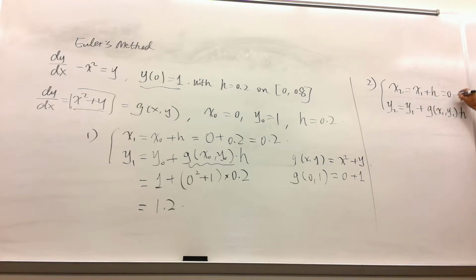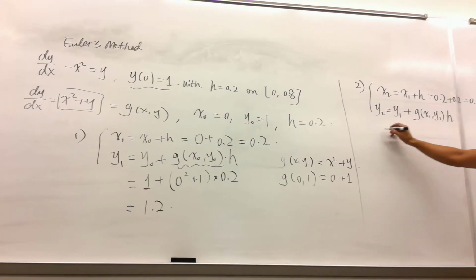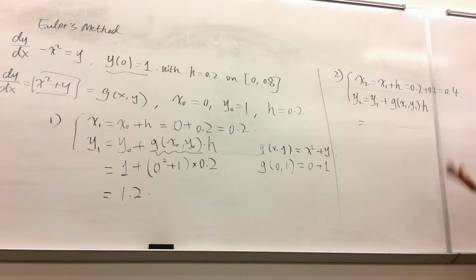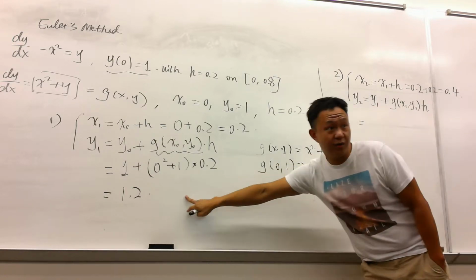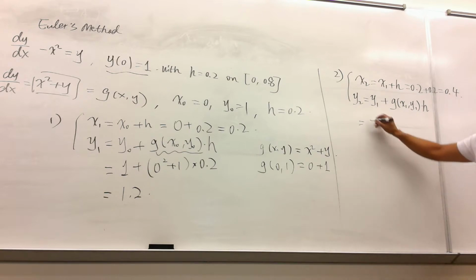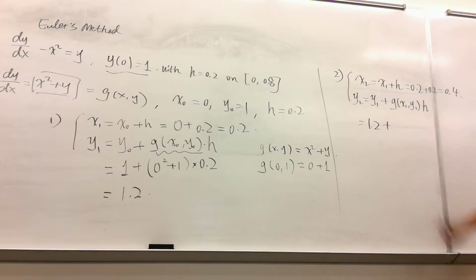x1 is 0.2 plus h is 0.2, so together that gives you 0.4. Then you plug x1, y1 into the function g and multiply by h. Where is y1, guys? It's the result over there, 1.2. So 1.2 plus, this time, what is the function g?